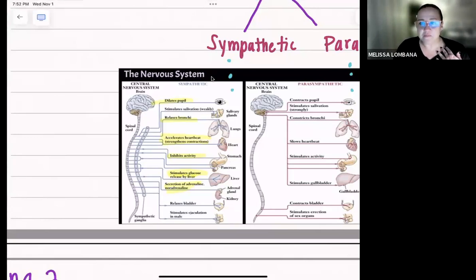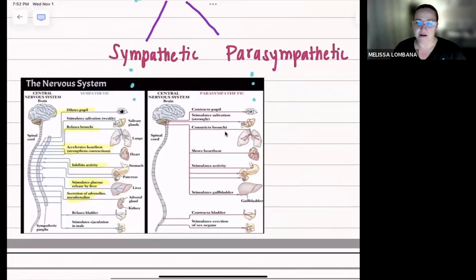Okay, now once we do all that, our body's kind of like, all right, we already did all that, and it has an automatic response called the parasympathetic. I always think of the word in Spanish, para, which is to stop.